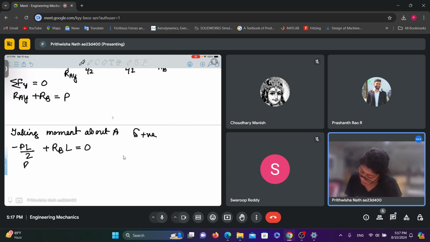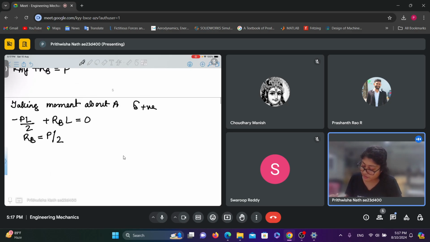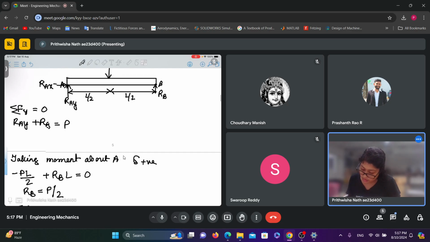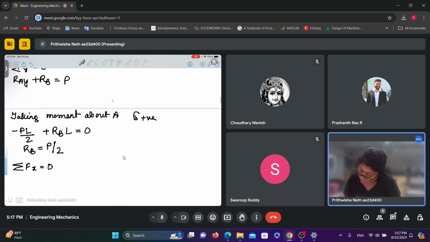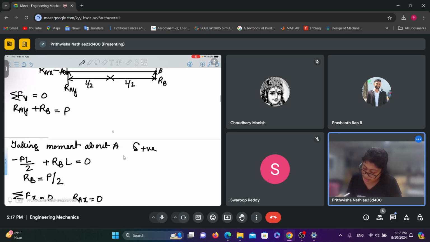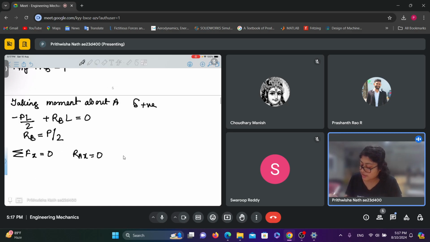So RB equals to P by 2. Similarly, if I write summation of force in x direction equals to 0, I can see that RAX equals to 0, and from the equation RAY plus RB equals to P.